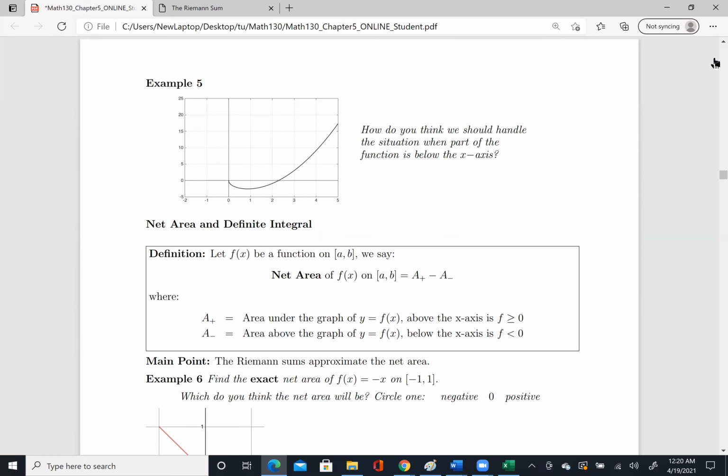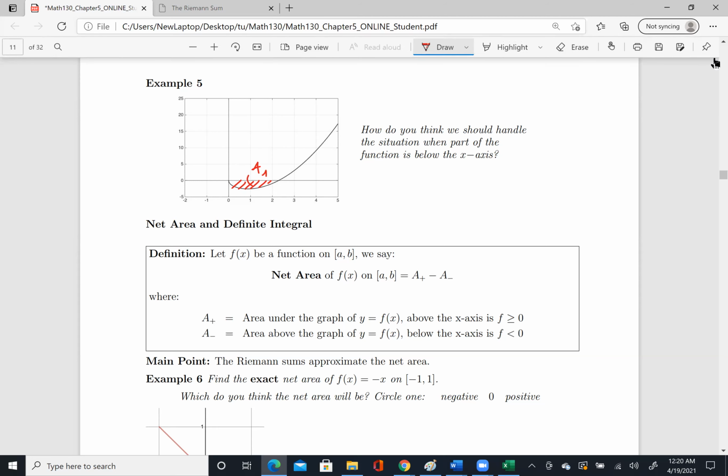In example number 5, how can we handle the situation when part of the function is below the axis? You can see here there's a region below, I guess it's this area. I call this A1.